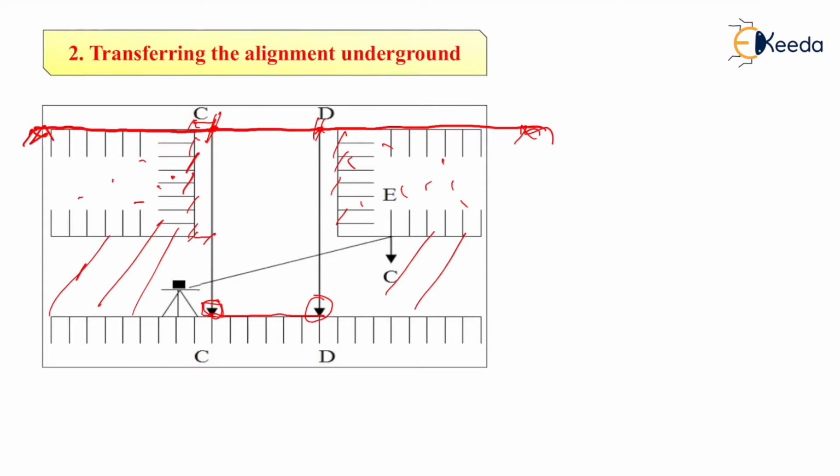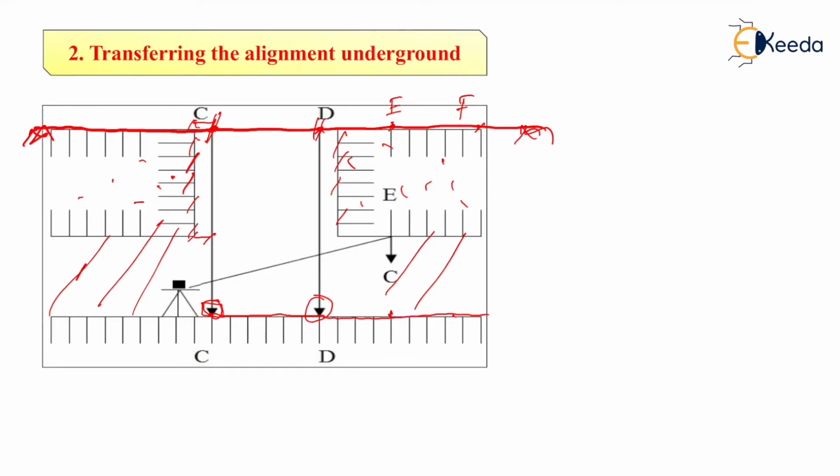In the same way, we have to mark the points as the work progresses, like E, F, on the surface of the ground first, and then these points can be transferred to the underground by using the same method of plumb bob and by driving holes at the center of the points. So likewise, we transfer the points from the surface to the underground, and then the line joining these points will give the alignment underground.